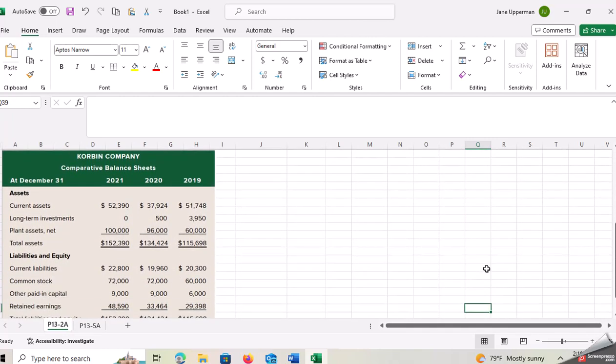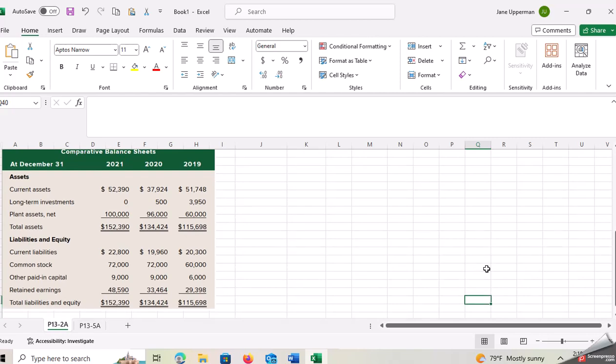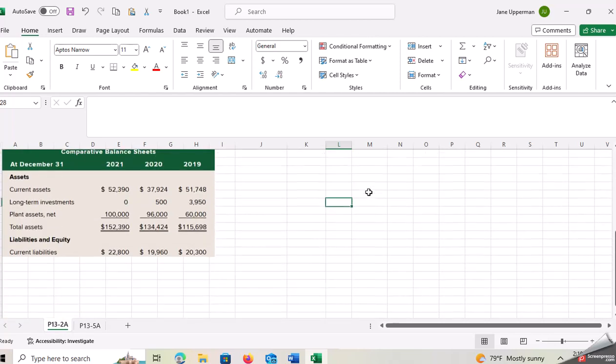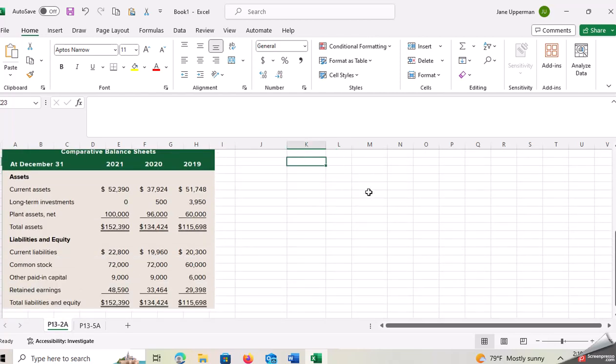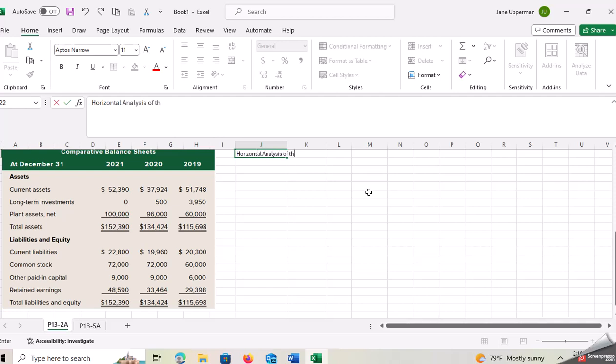Okay, then we come to our balance sheet and we would do the same thing. So if we're going to do a horizontal analysis of the balance sheet, we're going to go from 2021 to 2020, and then 2020 to 2019.